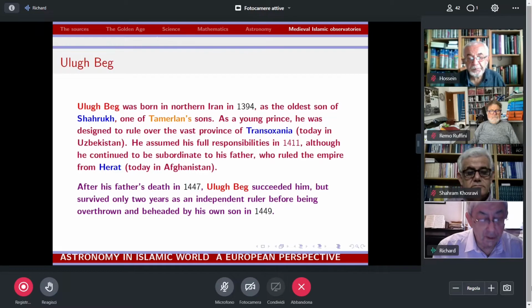And now the last great astronomer was Ulugh Beg. He was born in northern Iran at the end of the 14th century.